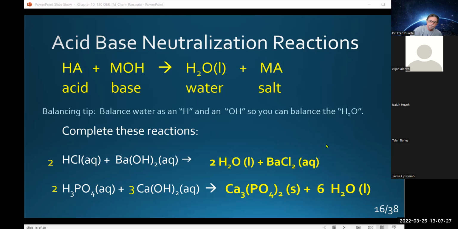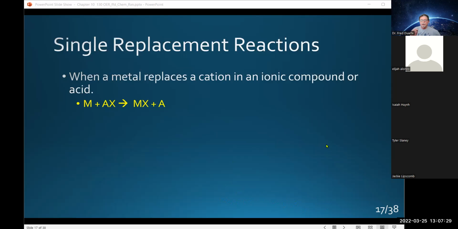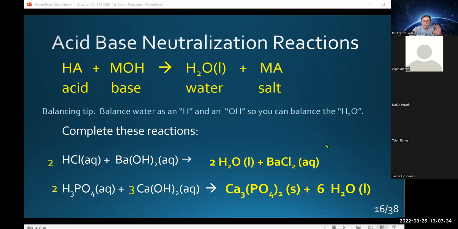Any questions right now up to this point? So with respect to acid-base reactions or neutralization reactions, follow the protons and the hydroxides to get a balance.